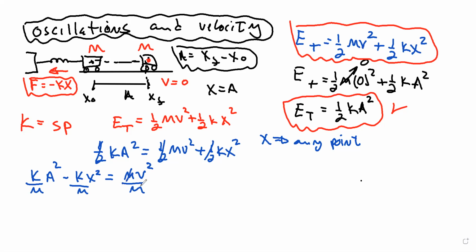So you cancel your mass here, and then you can factorize k over m. And then you have A squared minus x squared right here, and you get the square root of all this, and that's going to give you the velocity at any position x. For any x, you can get the velocity.